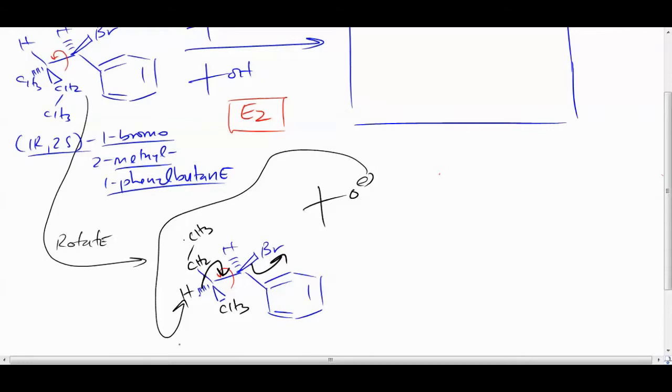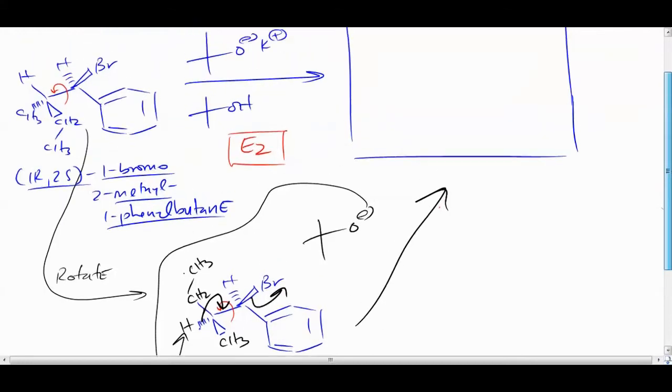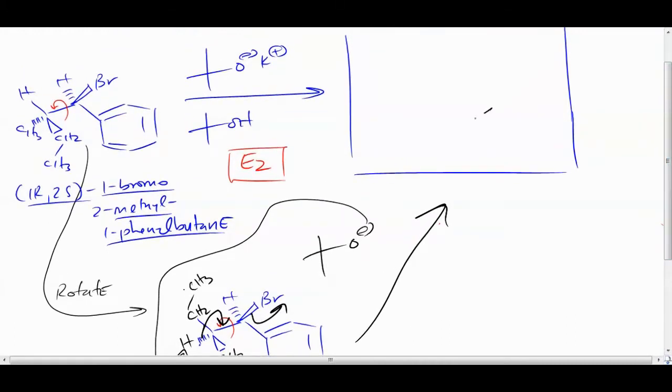Cool. So then we're going to be left with our product, which is going to look like this. Here, I don't think we have to show the dash and wedge. So this should be the product right here. It'd be like this.